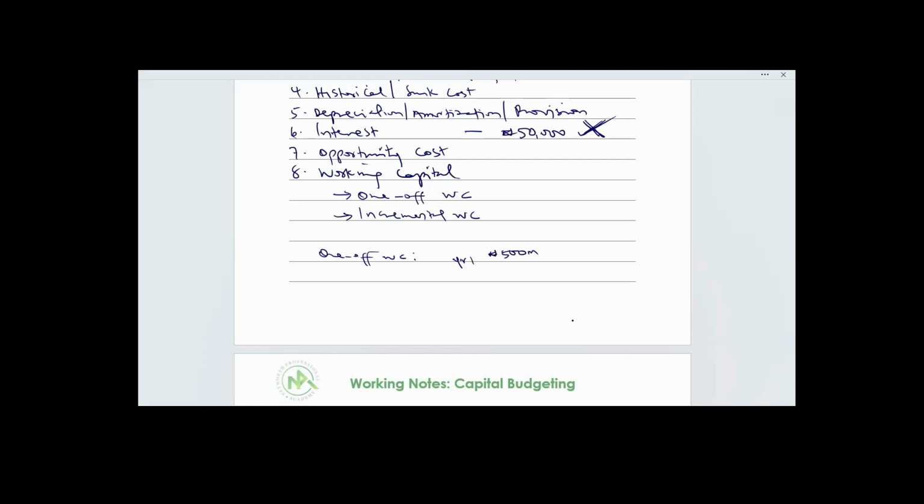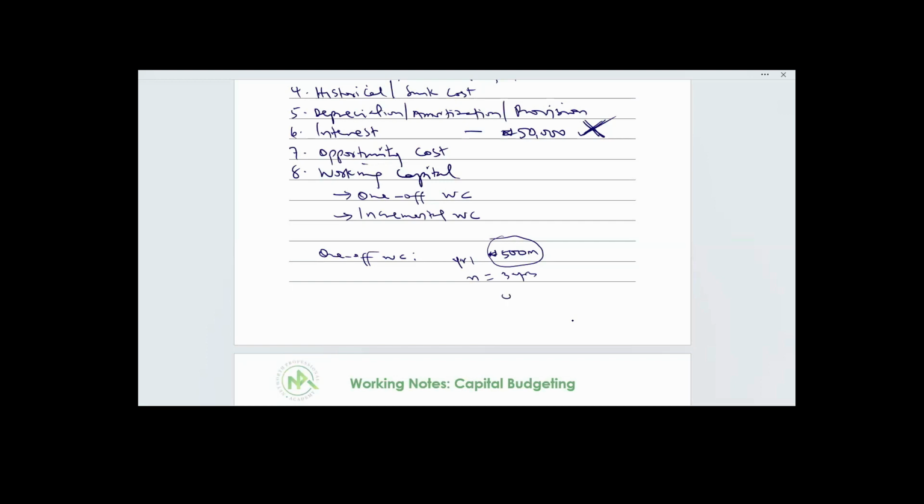Say, for example, this project has 3 years life. Therefore, how do I treat this working capital of 500 million that occurred in the first year? The rule says that when there's a one-off working capital, it should be treated as cash outflow in the year before the year of occurrence and recovered fully at the end of the useful life.